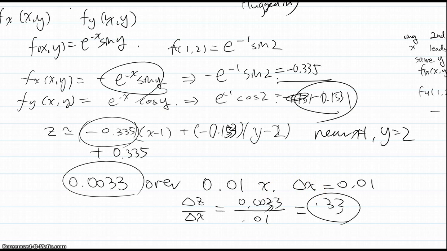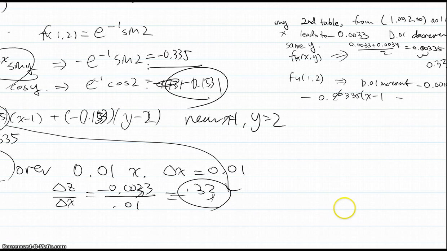Let's compare those two values, 0.33 and 0.335. It's almost the same. Oh, never mind, this is a negative value. I'm so sorry. Negative. We're less accurate in the way that we approximated, but this is really a prominent way of doing it.